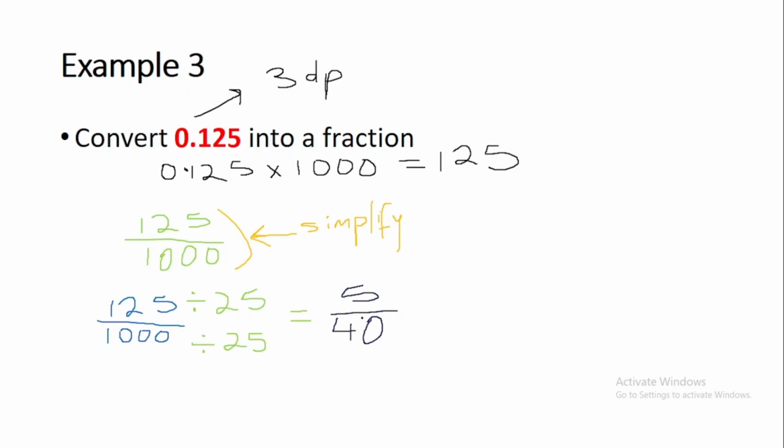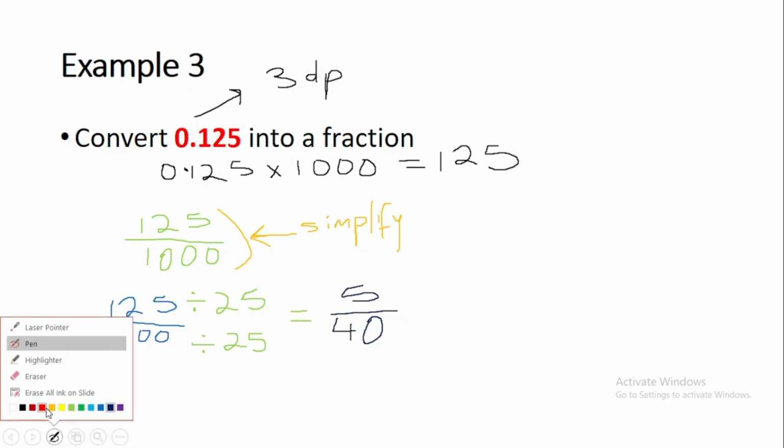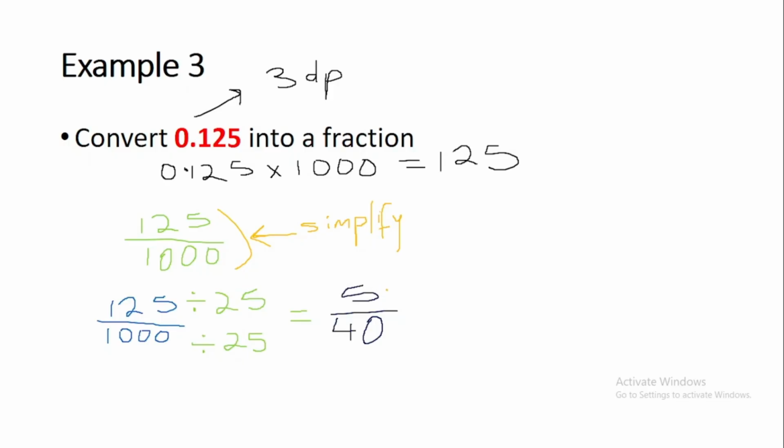Alright, now that we have this fraction right here, we can simplify again. So we're going to simplify again by choosing a number that can divide both the bottom and the top without leaving a remainder. And by looking at it, I'm just going to divide both the number at the top and bottom by 5. So I'm going to divide 5 by 5, and I'm going to divide 40 by 5.